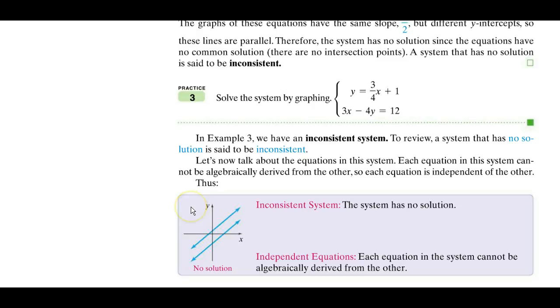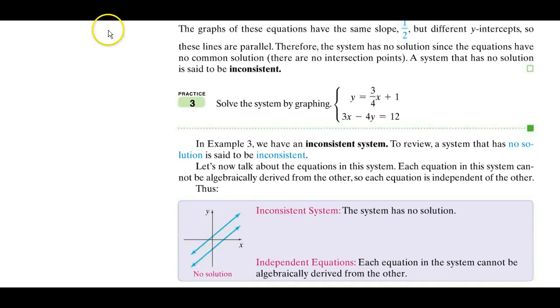So summary of this, if you work the equations, solve them for y, if the slopes are the same. Now again, they're asking you to graph this, so you have to graph both equations to get the credit. But if they turn out to be parallel, then there are no solutions.